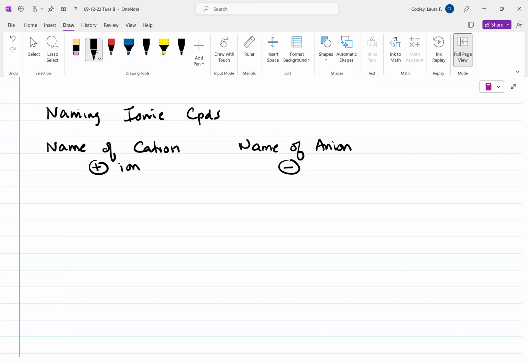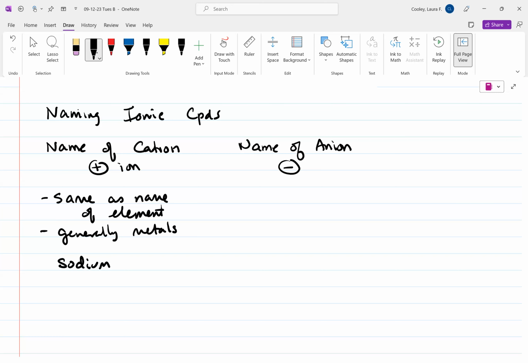The convenient thing is that the name of the cation is the same as the name of the element. These are generally metals, with some exceptions we'll learn about later. So, for example, sodium is the name of the metal, sodium ion is the name of the ion. Magnesium.